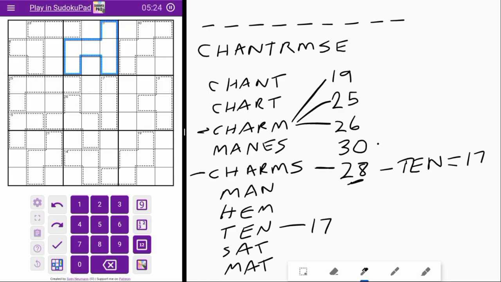So that tells us that the S takes it from 19 to 28, or 25 to 28, or 26 to 28. So that says that the S has to equal, if it's 19, a 9. If it's 25, it would be a 3. And if it's 26, it would be a 2. So that tells us the S has to go either there, there, or there. So that's a bit of a start.